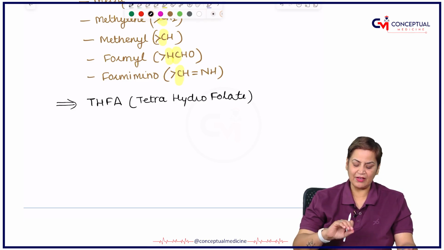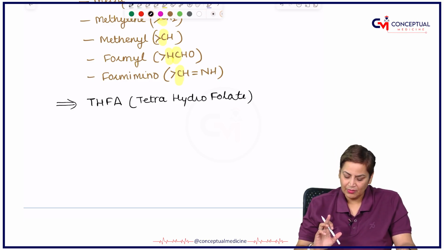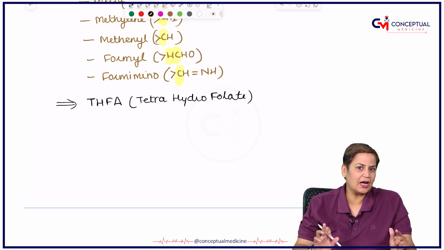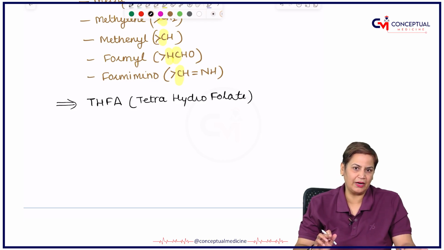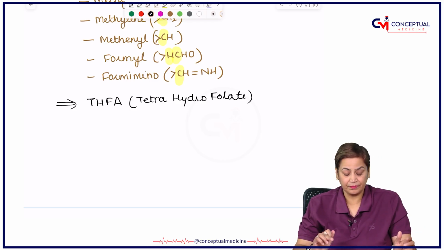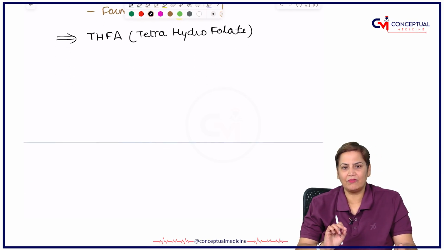Wherever the position, wherever it is present, it will be named like that. But always remember, for one-carbon metabolism, folic acid, which is a hematopoietic vitamin, is the most important vitamin required.